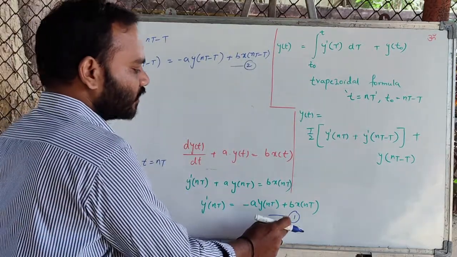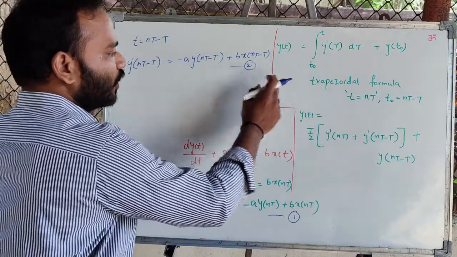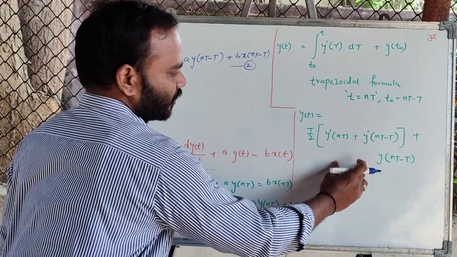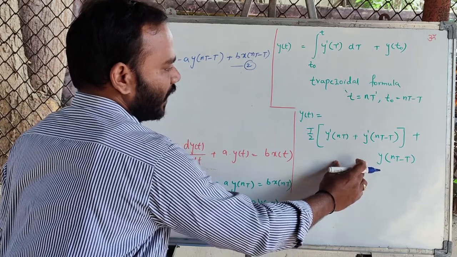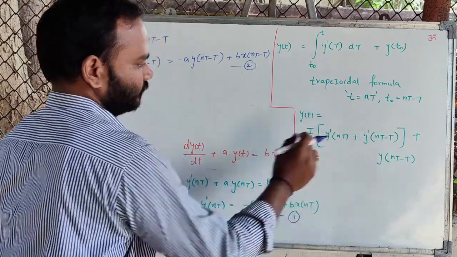Now we will substitute equation 1 and equation 2 into this equation and we will get the value of y of t.